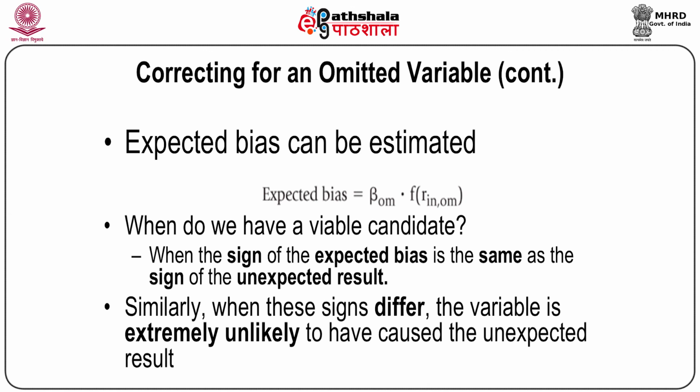When do we have a viable candidate for this case? When we see that the sign of the expected bias is the same as the sign of the unexpected result. Similarly, when we find that these signs differ, the variable is extremely unlikely to have caused the unexpected result.